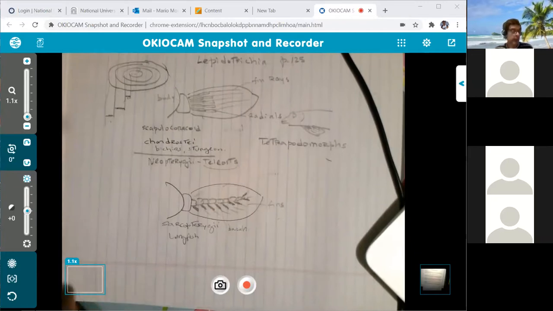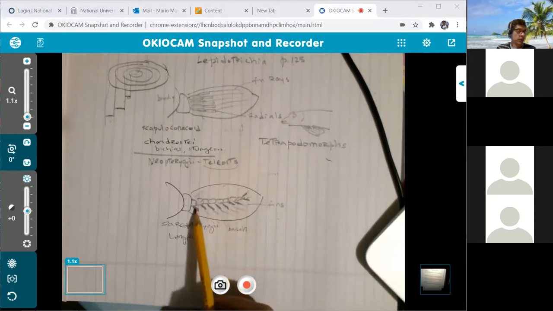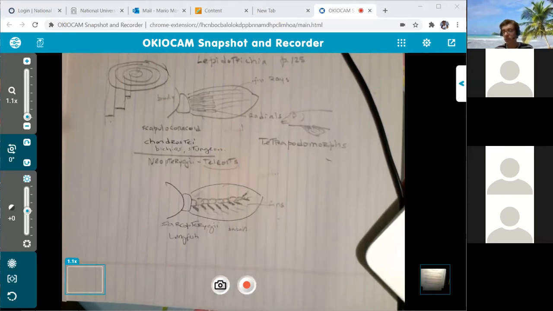And then again, don't think of this being 5 fingers, because the number 5 as in fingers wasn't always what was there. So that's the last one. That's the 4th modification that we see in these ray fins. And that's basically the 4 characteristics of these bony fish.